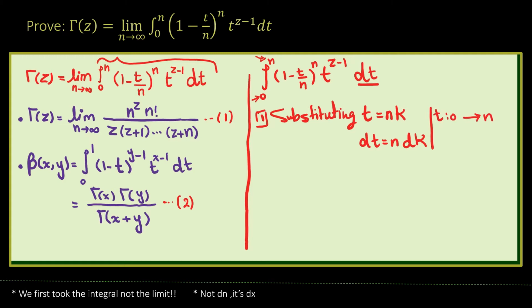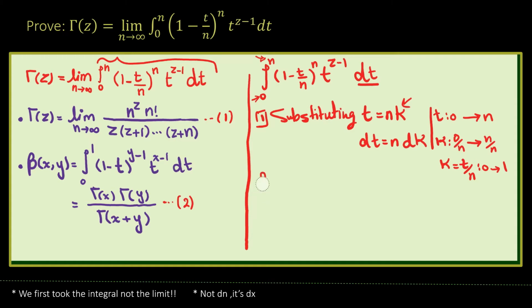We know that k is equal to t over n, so 0 over n to n over n, i.e. k from 0 to 1. So let's substitute in this integration.